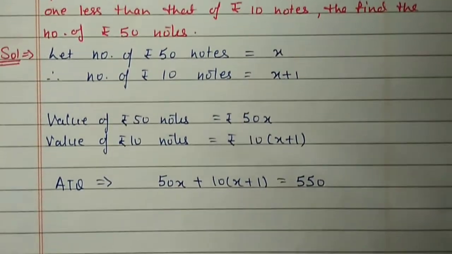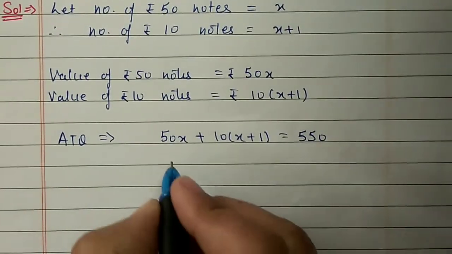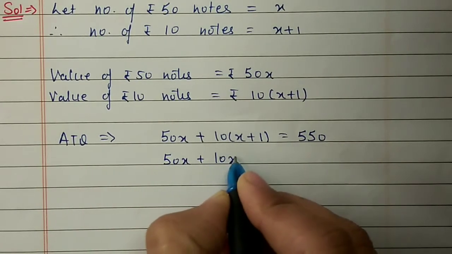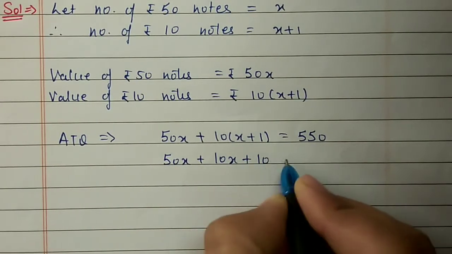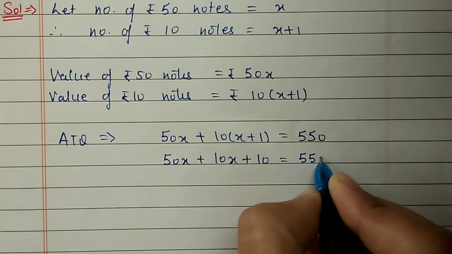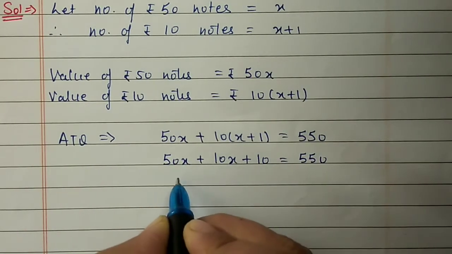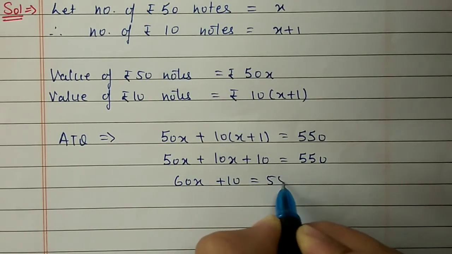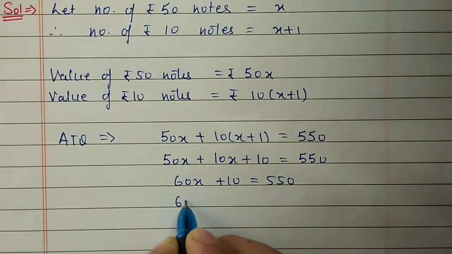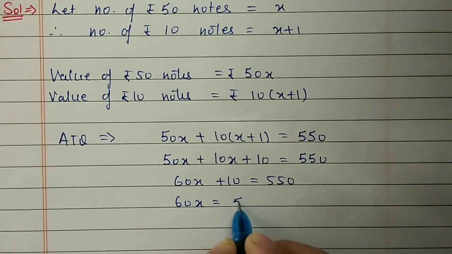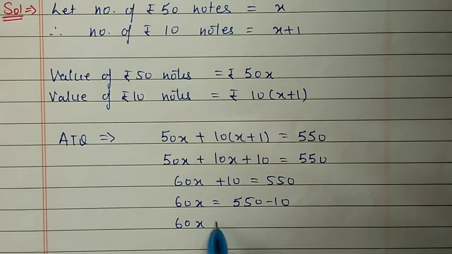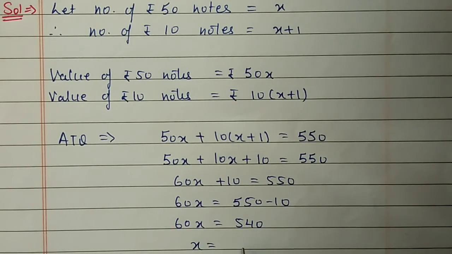First we will remove this bracket and simplify. 10 into x will become 10x and 10 into 1 will become 10, equal to 550. 50x plus 10x will become 60x plus 10 equal to 550. 10 we can shift to the other side. 550 minus 10 we will get 540, and 60 also we can shift to the other side.